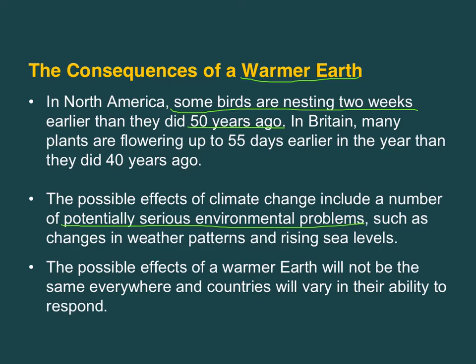The problem is some scientists speak with absolute certainty about exactly how it's going to be, and we don't really know because we can't predict the future, but we can give our best estimations, take our best shots at what we're seeing. So we can see the potential for large changes in weather patterns and sea levels.